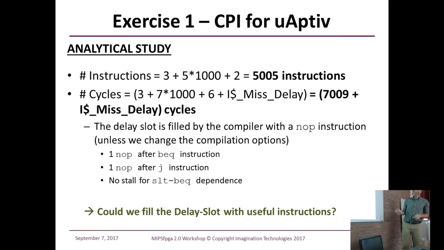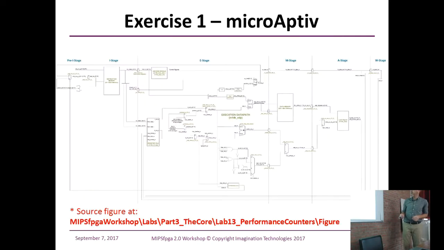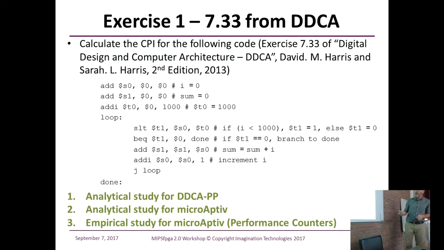Analytical study for MicroActive. Well, we can easily see that in this program we have around 5,000 instructions. We have 1,000 iterations. Each of them has 5 instructions, so around 5,000 instructions. And how many cycles will it take to execute the code?